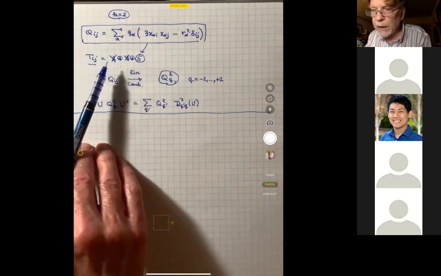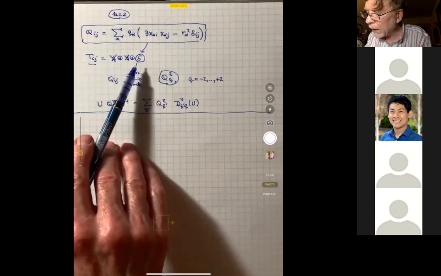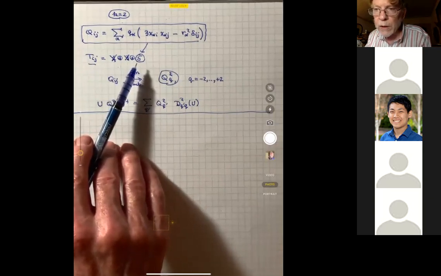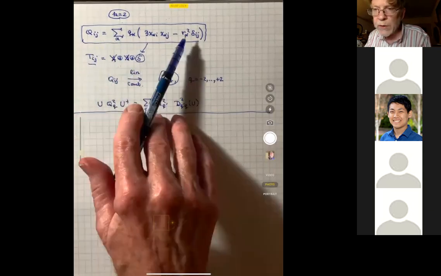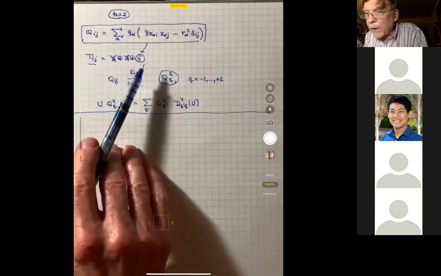One is a scalar K equals 0, one is a vector K equals 1, and the last one is the K equals 2. The quadrupole moment tensor belongs only to the K equals 2 part, because if you look at the formula for it, you can see that it's symmetric and traceless. Oh, I see. Okay. Yep.